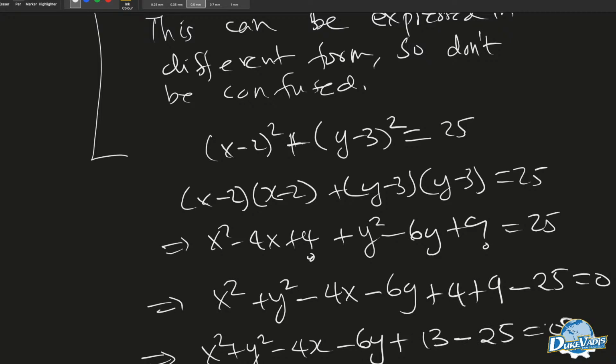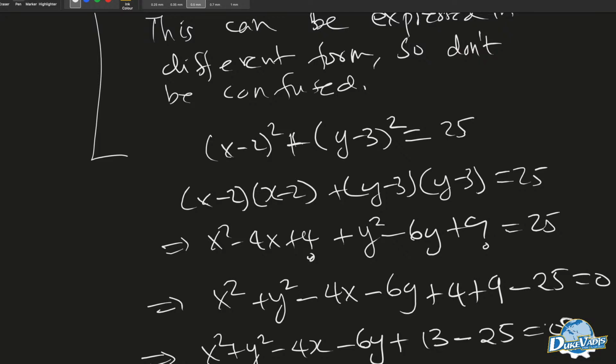Friends, somebody, a student, may see this and get confused. They shouldn't get confused. It's the same equation of a circle that we have, expanded to this form. So now, if you look at this, what comes to mind is that the equation of a circle can be given in a different form.